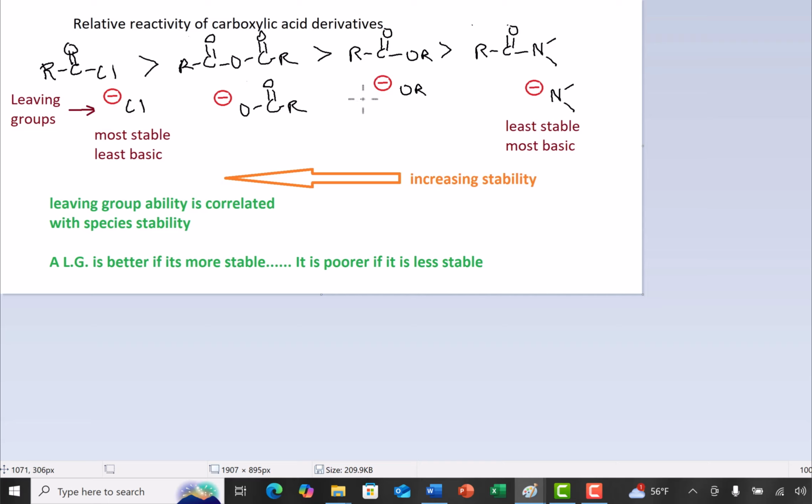And then the leaving group for the anhydride is the carboxylate, shown as a second species. For an ester, the leaving group is the ethoxide ion, and the leaving group for the amide is, well, in fact, it's called amide ion, N-.